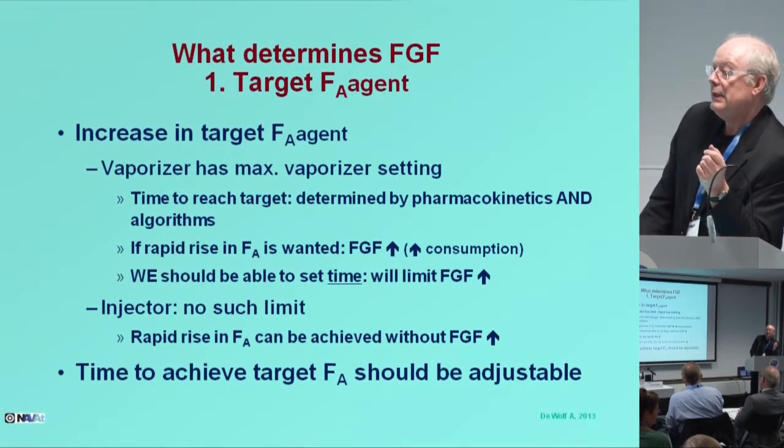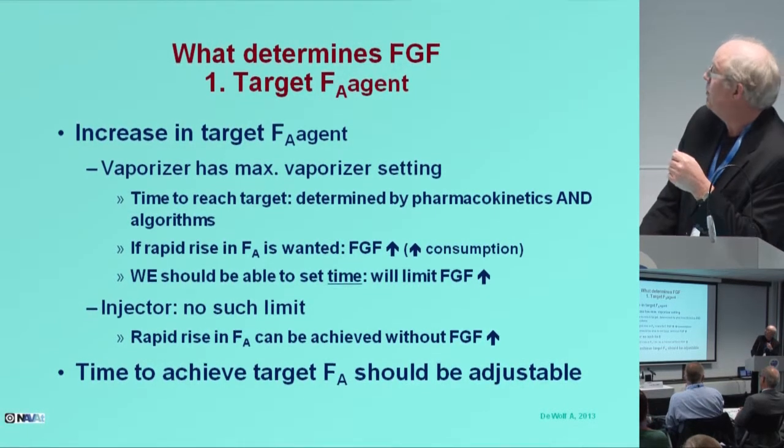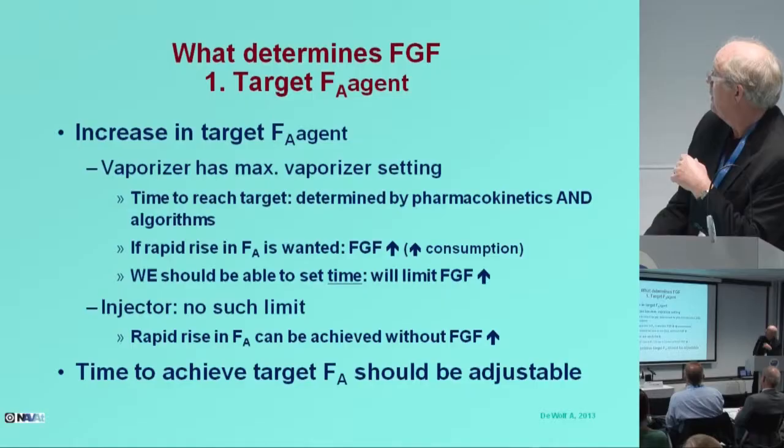Whether the time is adequate or not is determined by the machine, by the algorithms of the machine. If the machine said, I want this new target within 2 minutes, not a possible 5 minutes, it will have to increase the fresh gas flow in order to get there. So if a rapid rise is wanted by the algorithm, then the fresh gas flow has to go up and the consumption will go up.